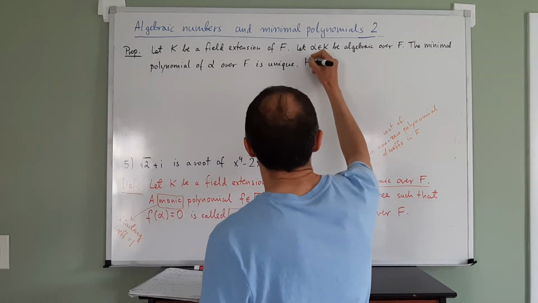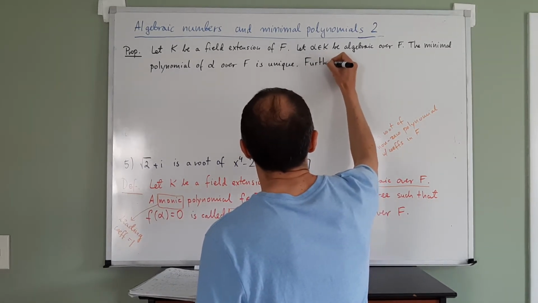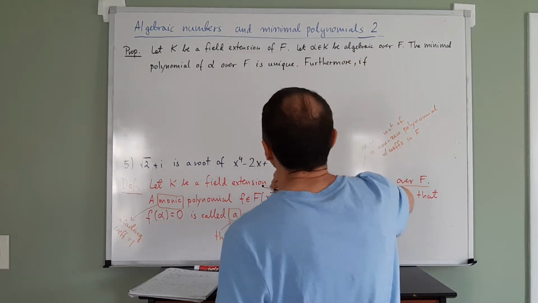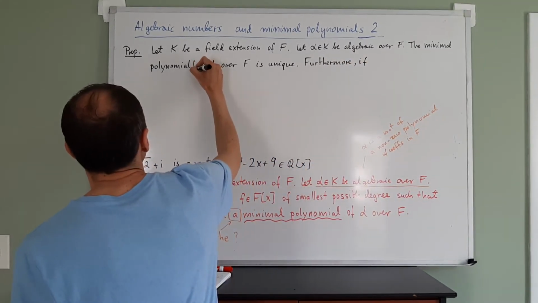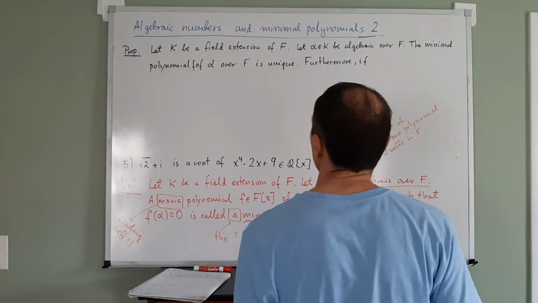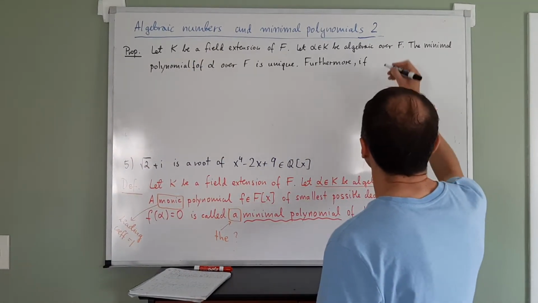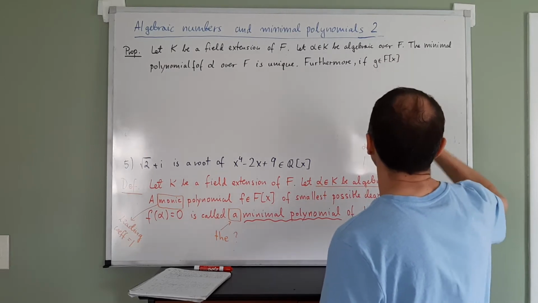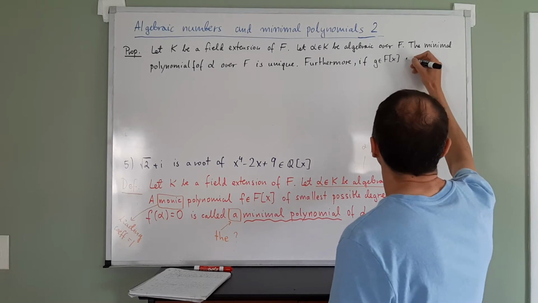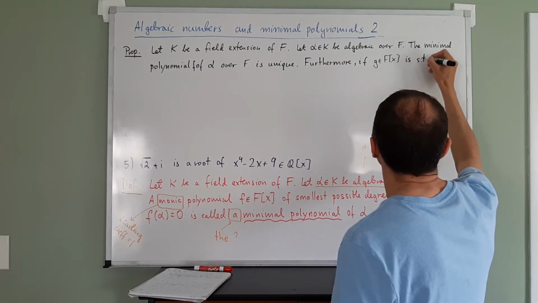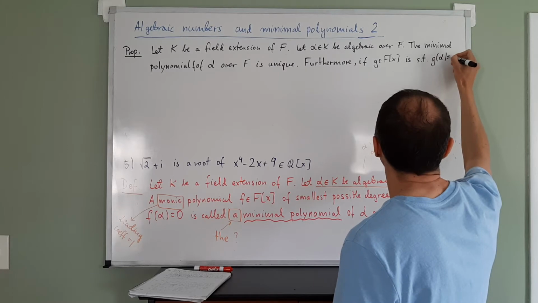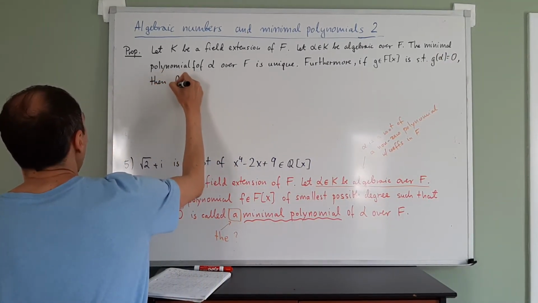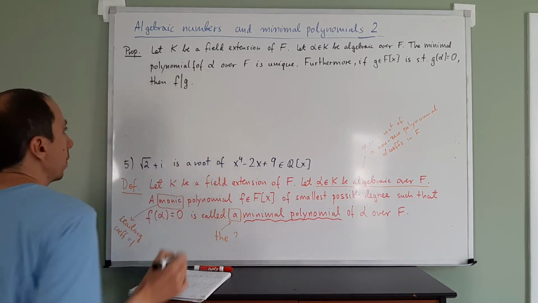Furthermore, let's actually give this minimal polynomial of alpha a name, maybe f. Furthermore, if g is another polynomial with coefficients in F such that g of alpha is 0, so it has alpha as a root, then f divides g.